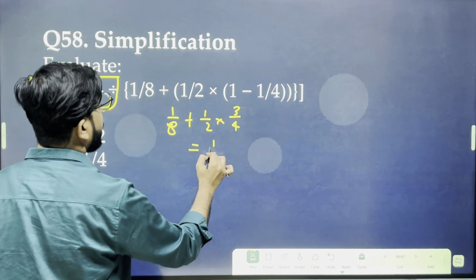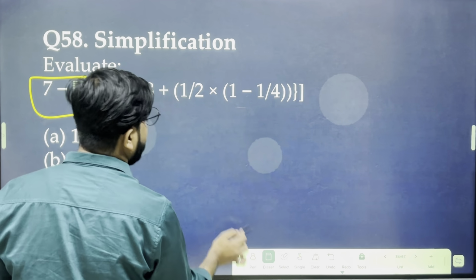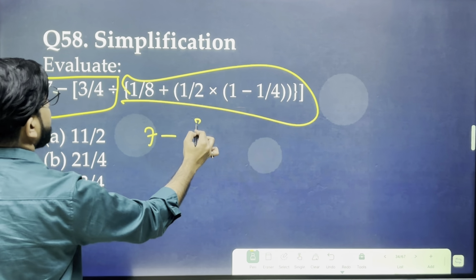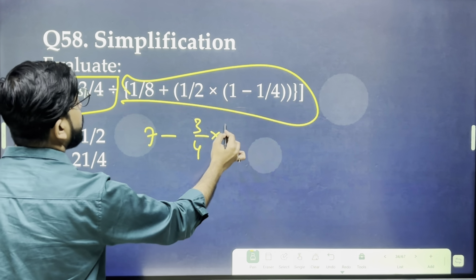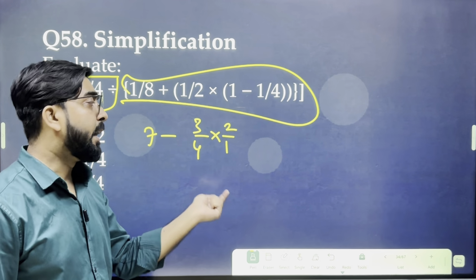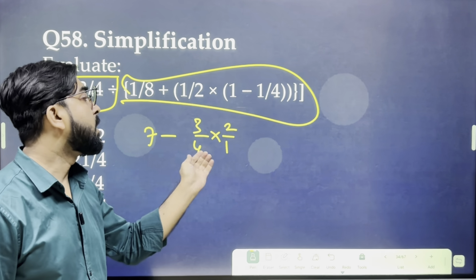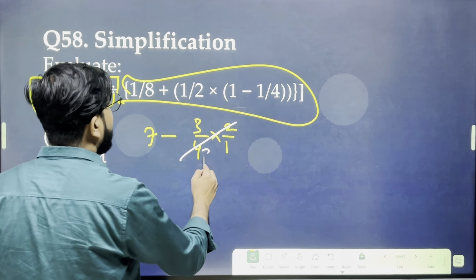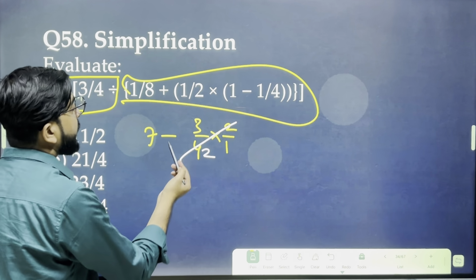So that solves to 1 by 2. Now, after we have solved this completely, 1 by 2. So 7 minus 3 by 4 divided by 1 by 2 means 2 by 1 multiplied by. When we divide a number, and if we want to write in multiplication, we can reverse that. So 4, 2, 7 twos are 14 minus 3.